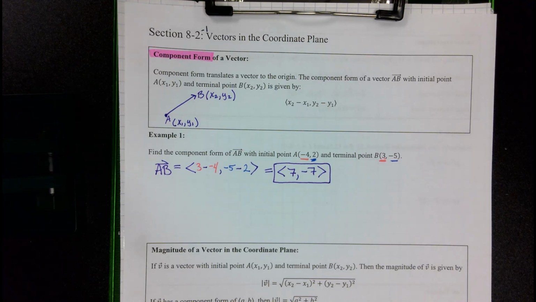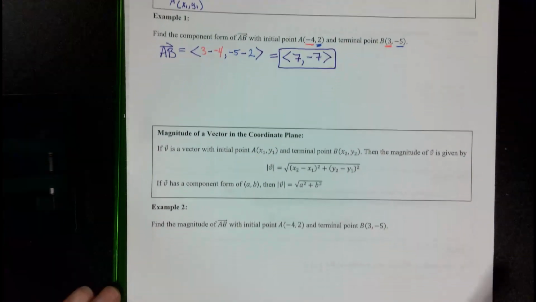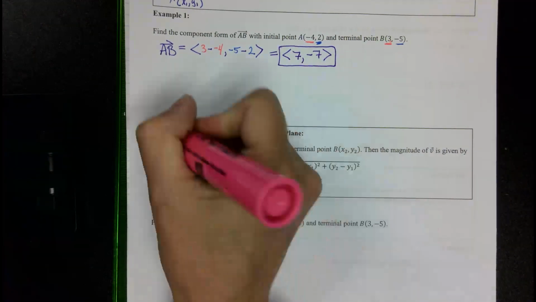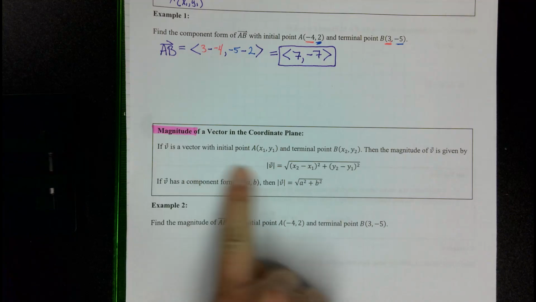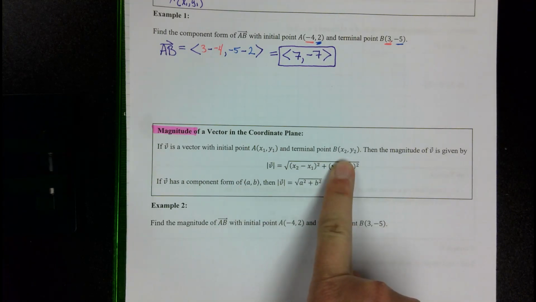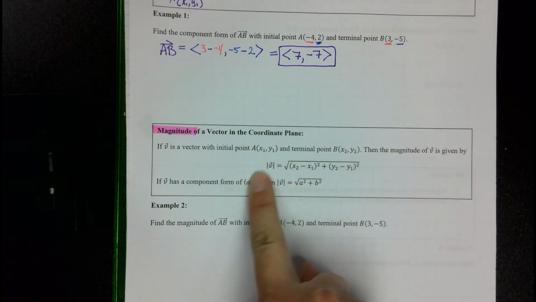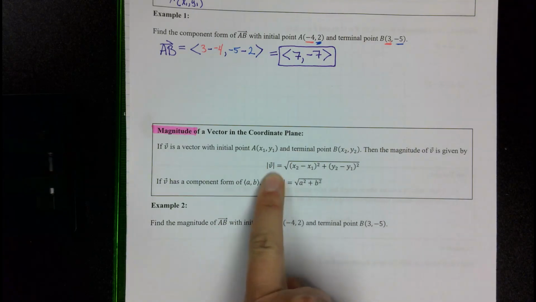The next topic is magnitude. Magnitude of a vector in the coordinate plane. If we have the vector with its initial point and its terminal point, then the magnitude is given by this with the absolute value bars around it.